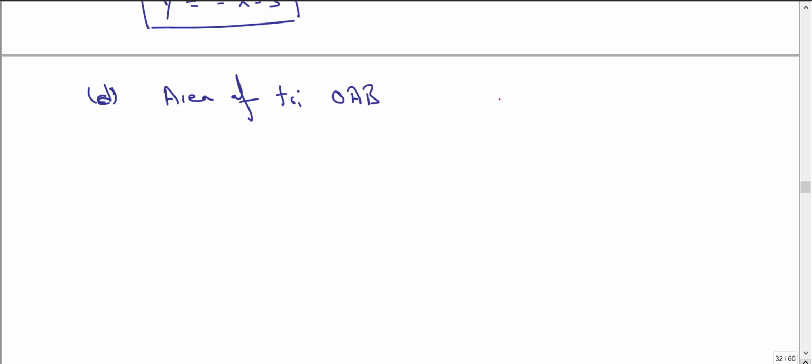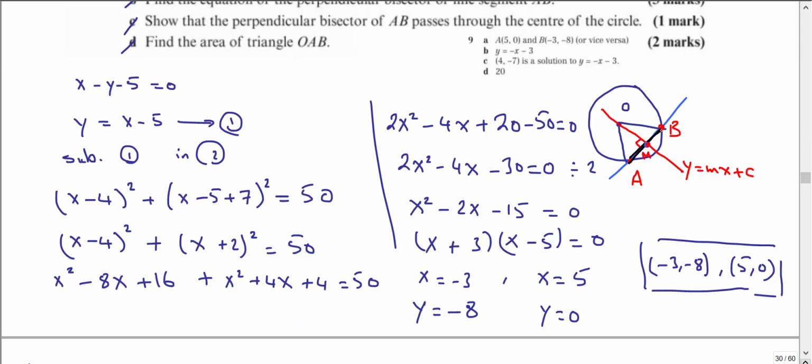We need distance OM, and we need distance AB, the base. Go back and check the triangle. This is the triangle we want. So we want the height, this one, and we want the base, this one, AB. Clear? Clear.